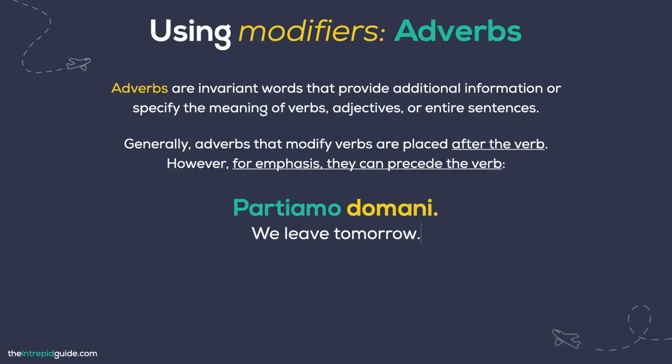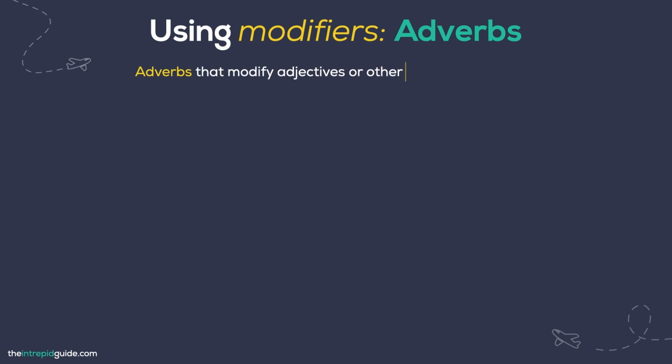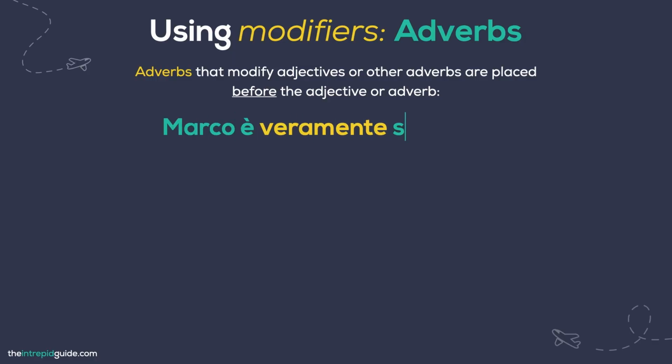Partiamo domani, We leave tomorrow. Domani partiamo, We leave tomorrow. Notice how the position changes the emphasis in this example. Now, adverbs that modify adjectives or other adverbs are placed before the adjective or adverb. For example, Marco è veramente simpatico, Marco is really nice.